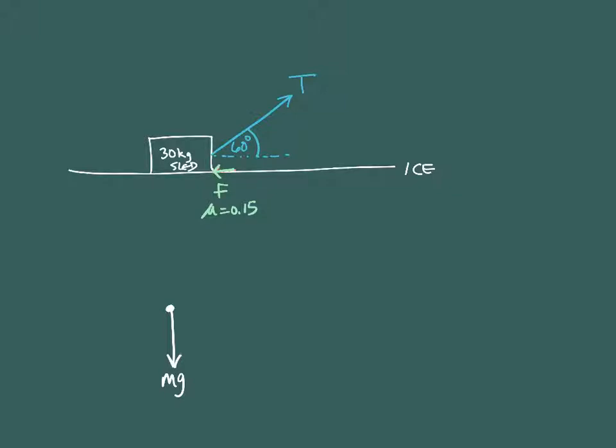The weight force would be down, obviously. The normal force would be up. There is a friction force going to the left, opposite of the direction that the tension is.